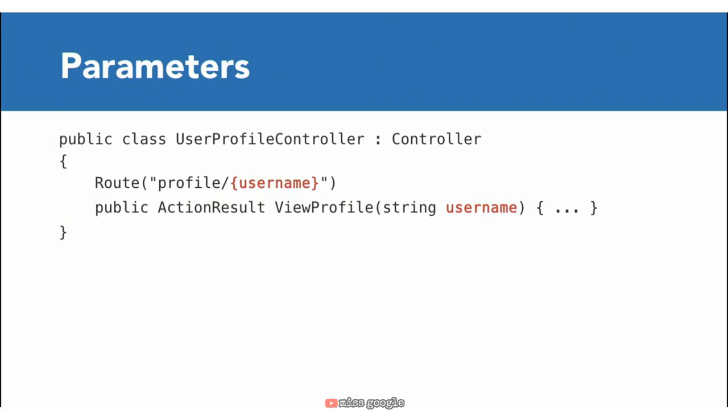For example, you could use a username in the path to display a user's profile picture, like in this example. Notice the username parameter is in curly braces in the route, and that exactly matches the name of the username parameter in the action method. MVC5 will match that part of the URL and pass it into the username parameter of this action method, allowing you to then retrieve the correct user profile picture from the database.